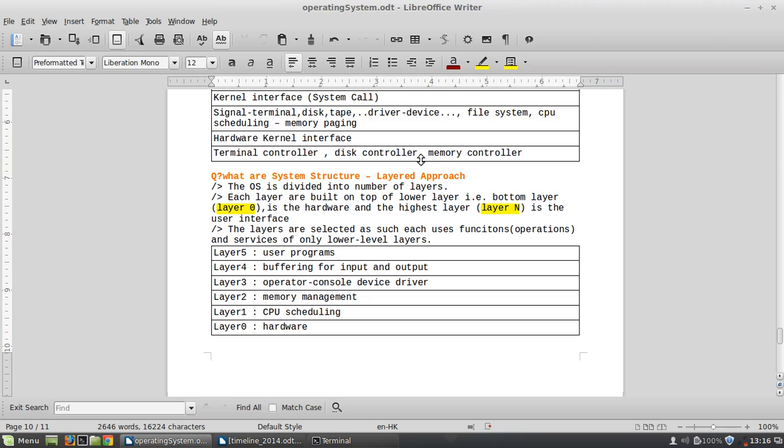The layers are selected such that each uses the functions, operations, and services of only lower level layers. Each uses only the services of the lower level layer.